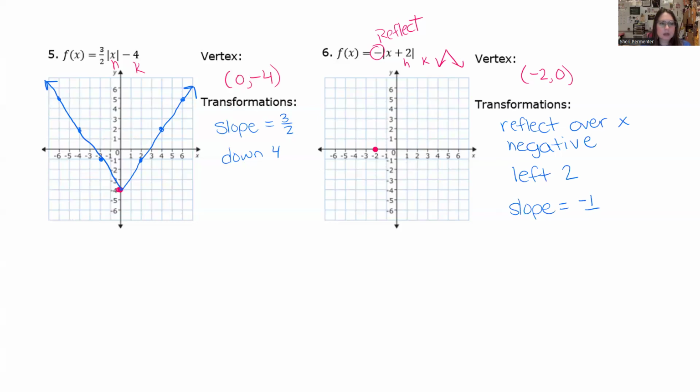I was just listening. So -1 over 1. So from my vertex point, I go down 1, right 1. I'm going to continue the pattern to the left, making what shape? A V.